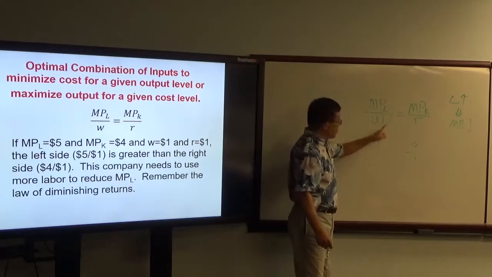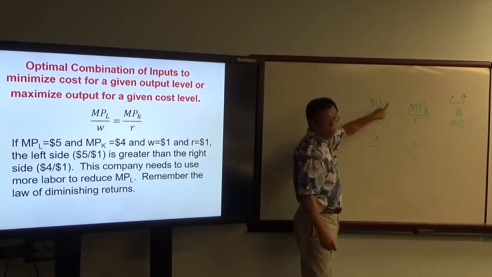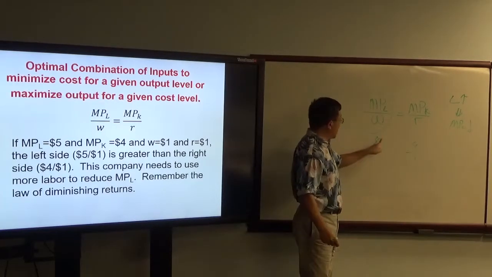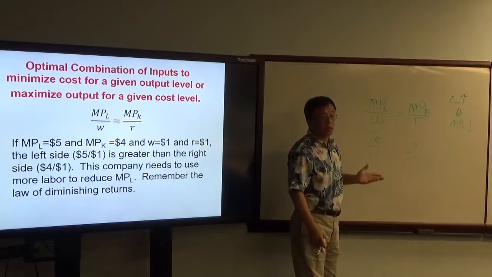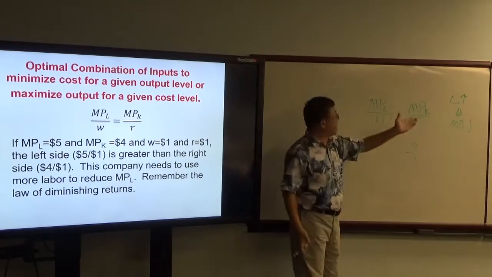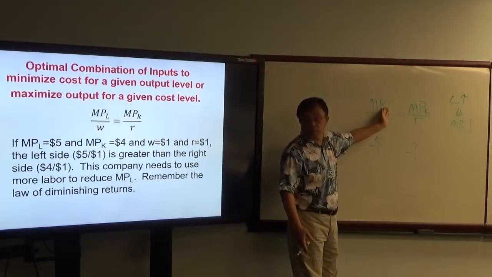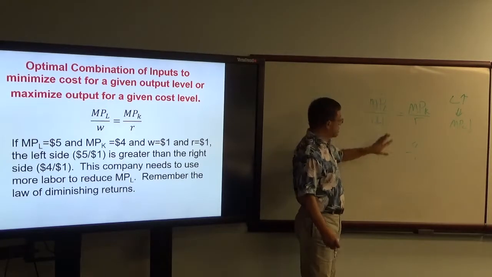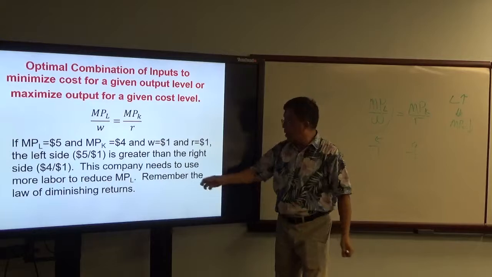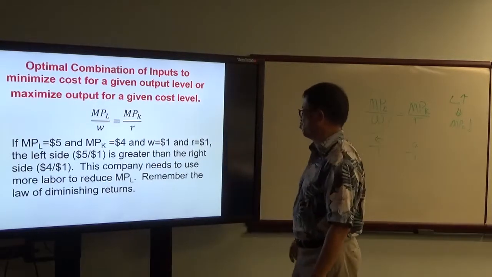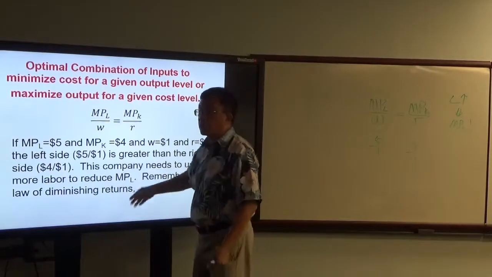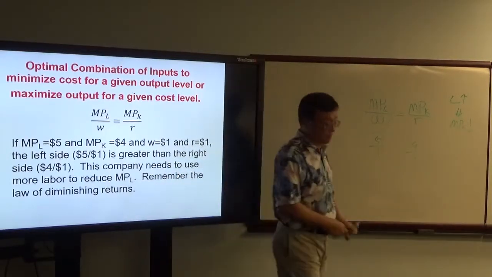If you use more workers, the MPL will start to diminish. Now it's 5. If you use more and more workers, it can become a negative number. It's getting smaller and smaller. So in this case, you should use more labor to reduce the marginal product.